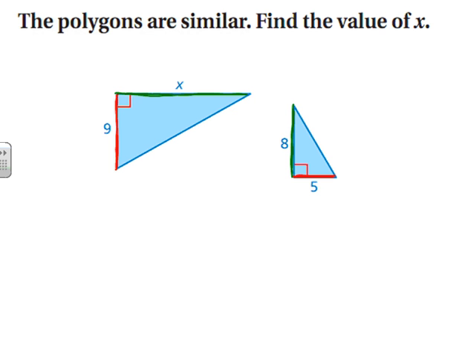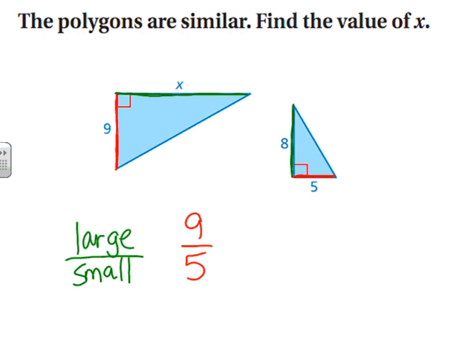So now when I set up the two ratios to make a proportion, we can do the large triangle over the small triangle. The first proportion represents the red segment, so we will do 9/5.